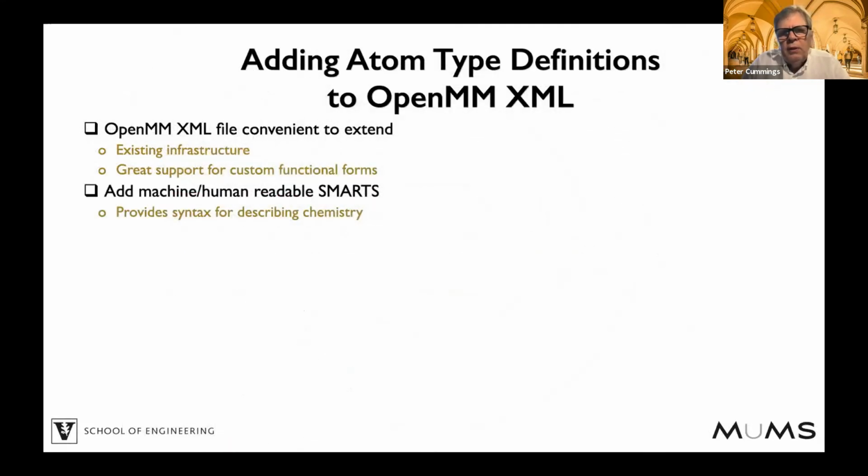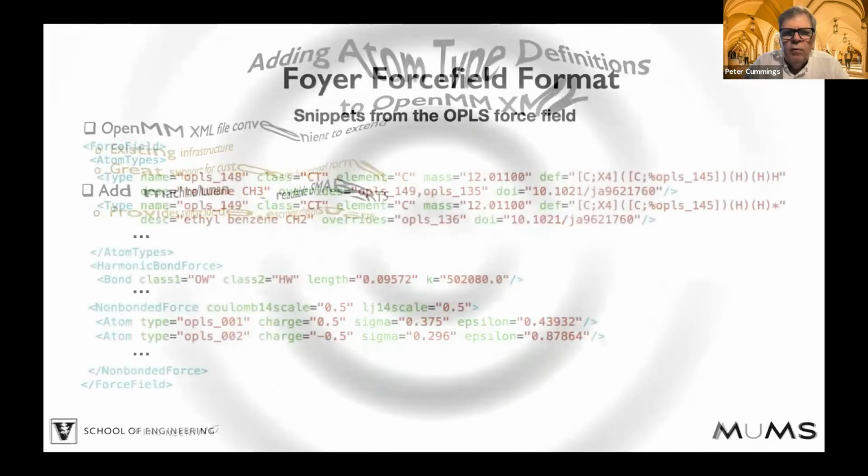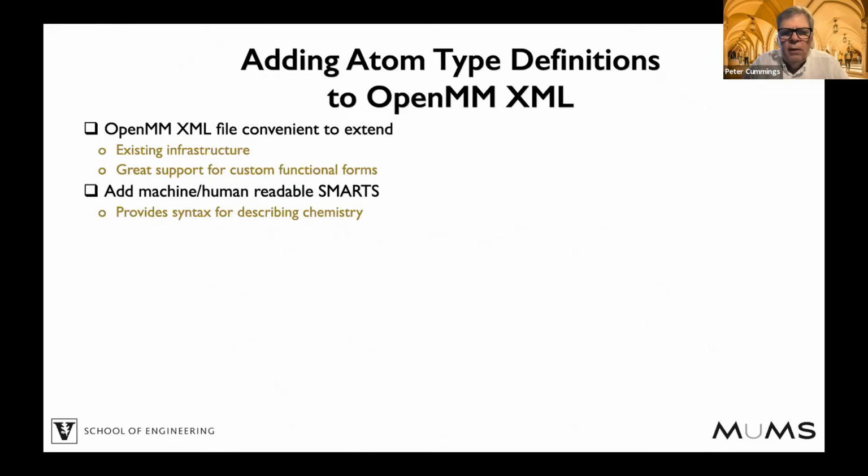What we did is expand the OpenMM XML, which is an existing infrastructure, and we added SMARTS as the method for describing the topology and chemistry of the system.